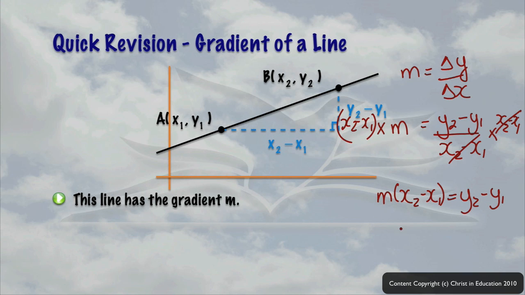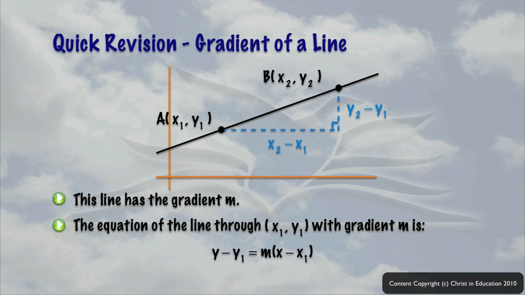Let's switch that around, and that will give me y2 minus y1 equals m(x2 minus x1). So that's how I can derive the point gradient equation. The point gradient equation, that's that thing over there. Or alternatively, you can just remember y minus y1 equals m, and then in brackets x minus x1.